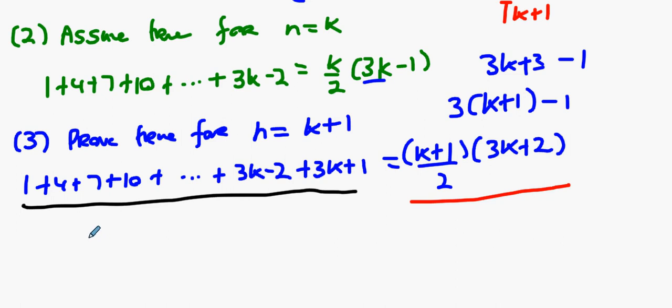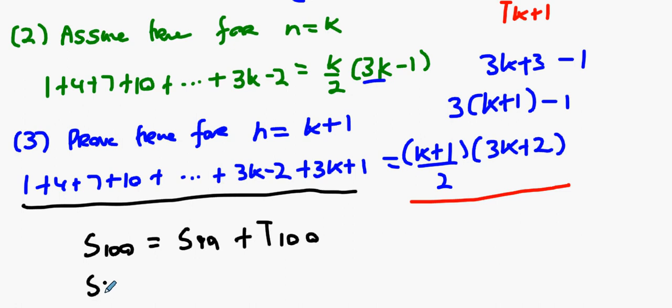We said that S100 equals S99 plus T100, wasn't it? What I'm trying to say is that S of k plus 1 is the same thing as S of k plus T of k plus 1. Is that alright?